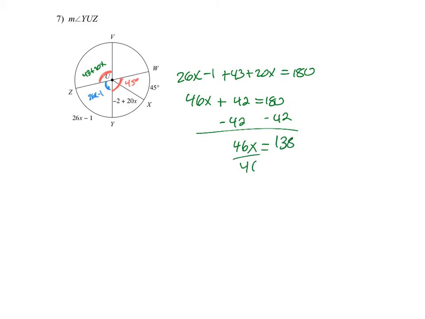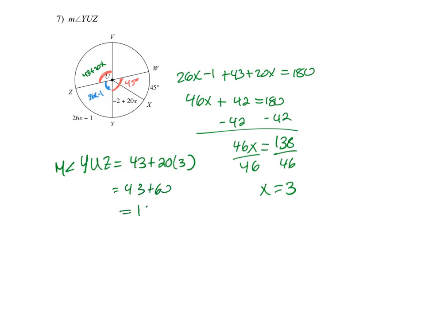And divided by 46, that means that x equals 3. Now I want to find JUC, so that means that angle JUC equals 43 plus 20 times 3, right? So I'm just plugging in 3 on this x right there. This is 43 plus 60, so this is 103 degrees.